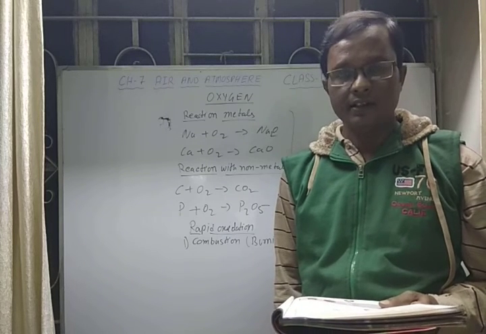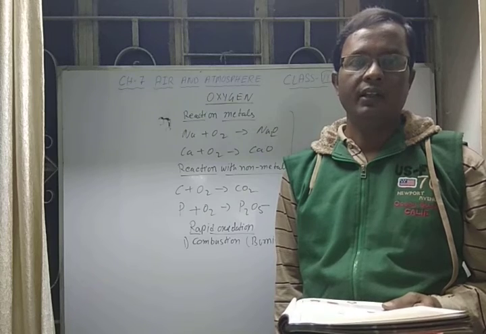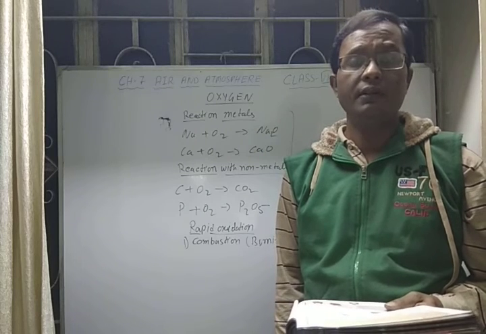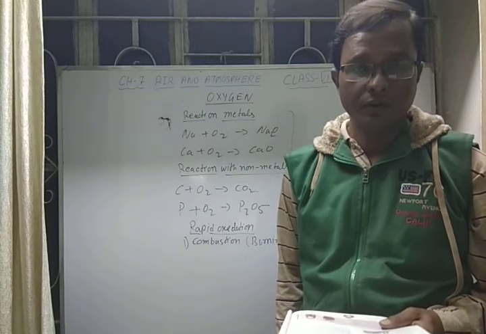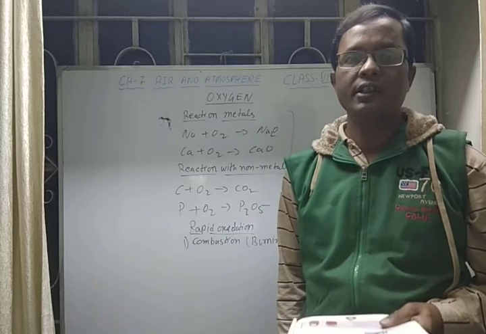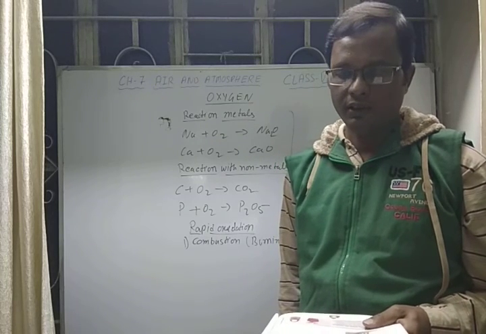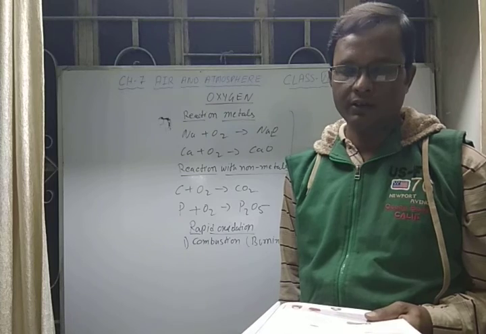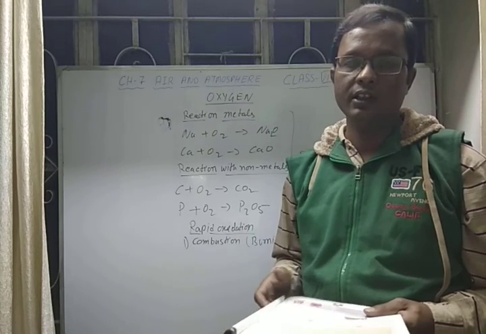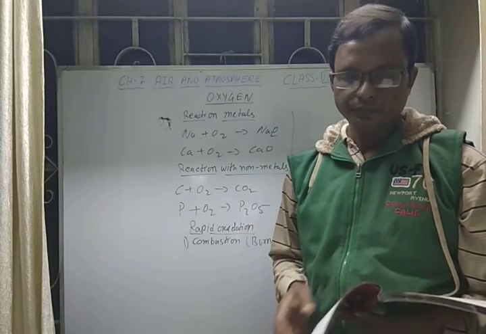So by these two processes, the respiration process and the photosynthesis process, the oxygen and carbon dioxide cycle goes on. So these are very important. In this way we can renew oxygen in the atmosphere.